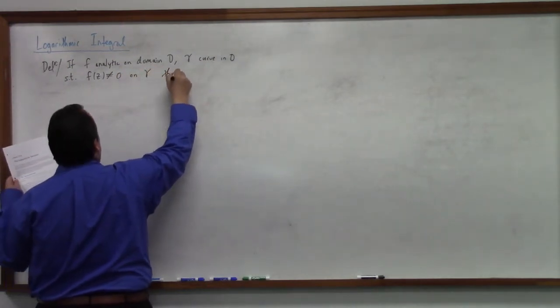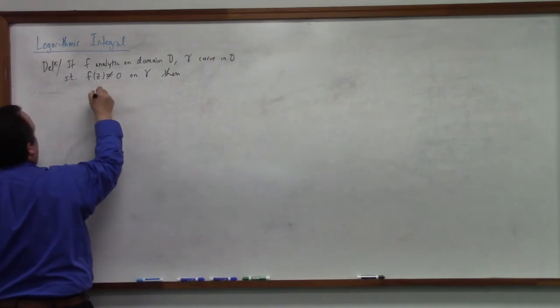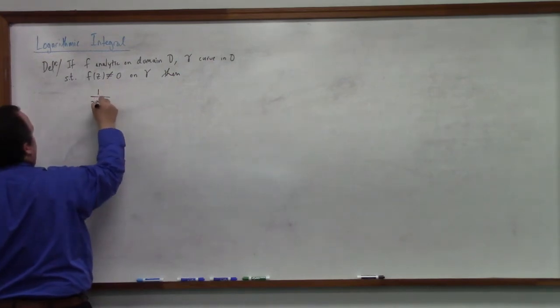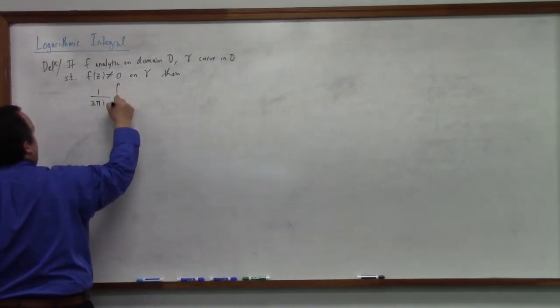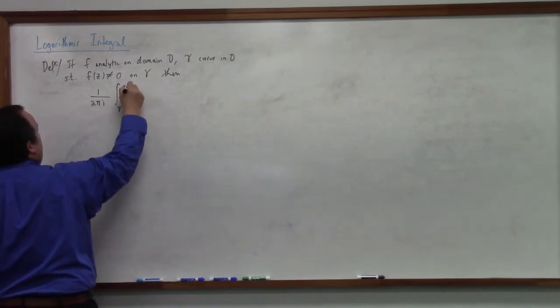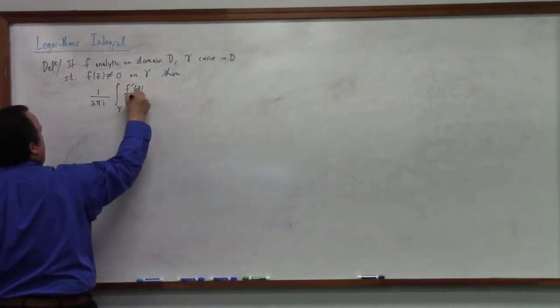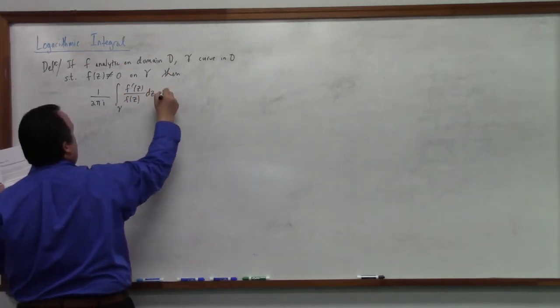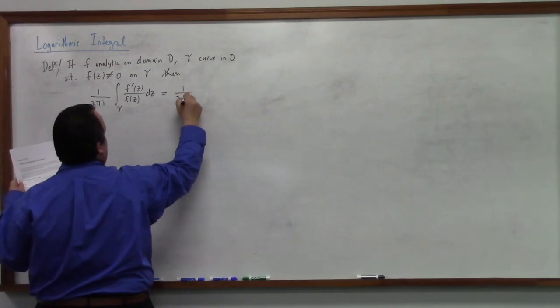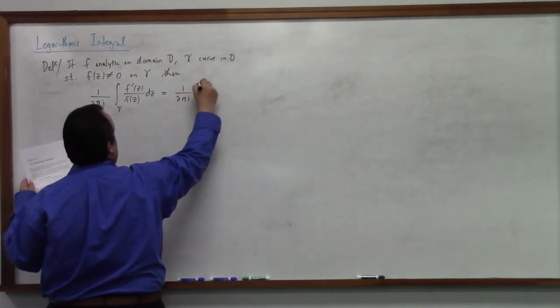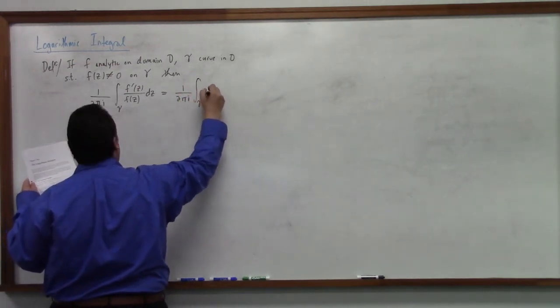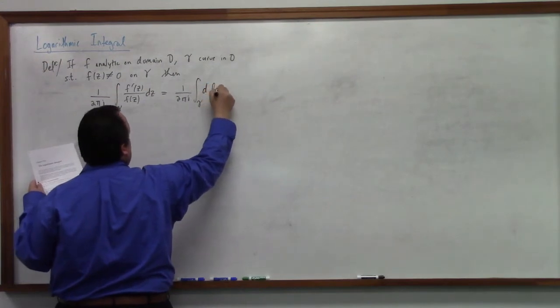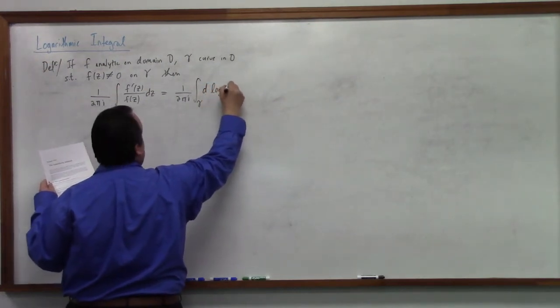Then 1 over 2 pi i times the integral along gamma of f prime of z over f of z dz is equal to 1 over 2 pi i times the integral along gamma of the differential of the log of f of z.